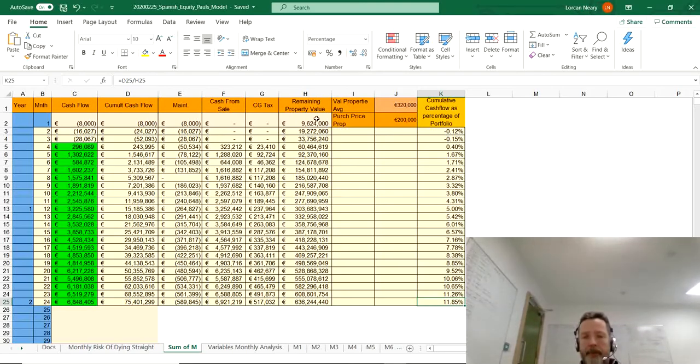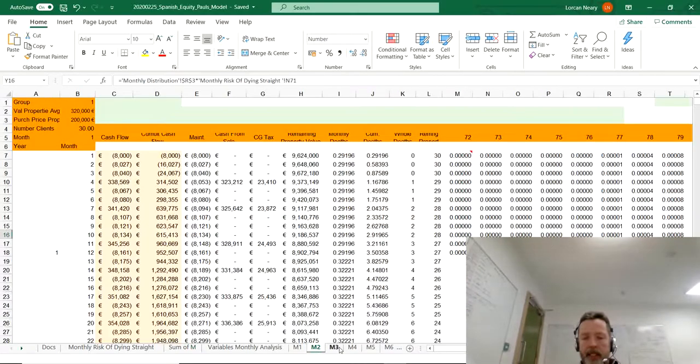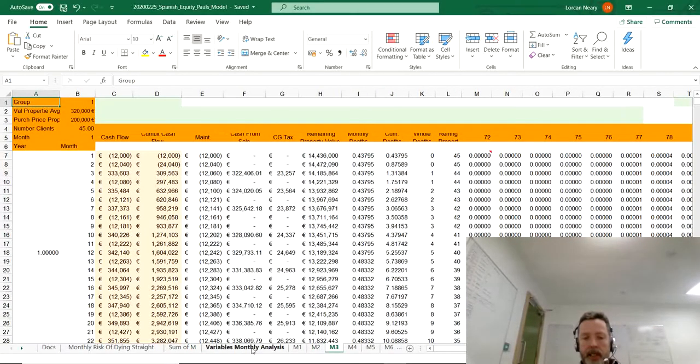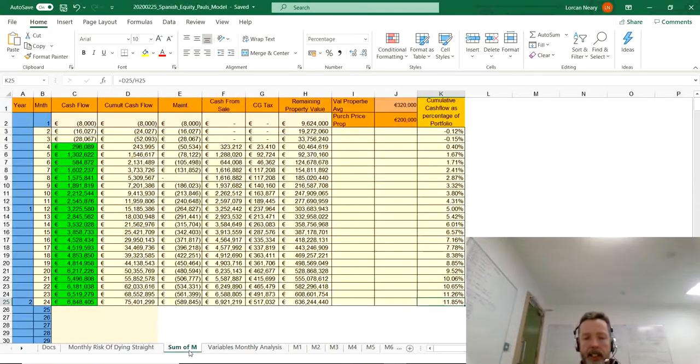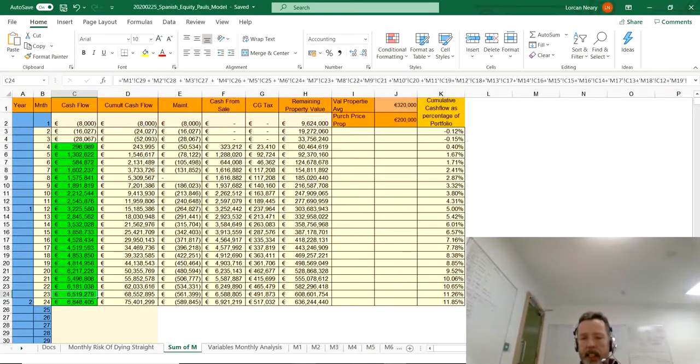And this cash flow results from the sale of properties as a result of people passing away. That's added up from each of these, as you can see. If we go in here, it's going all the way across the 24 months. Okay, I think that's about it. Not really much else to show you here.